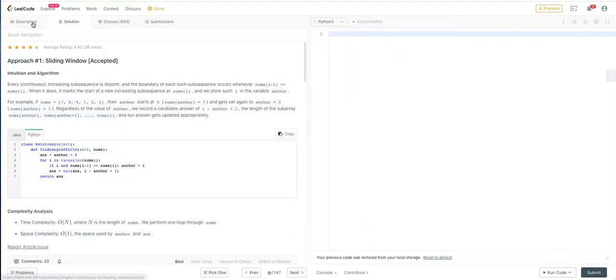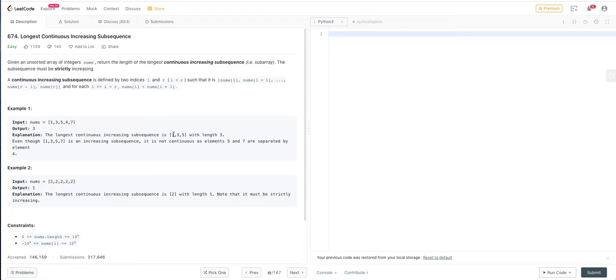So let us actually go to the description and ignore that you just saw the solution. So here, okay, what's going on? We have some kind of array as our input that's nums. Fantastic. And basically, as is described over here, we want it to continuously be increasing.